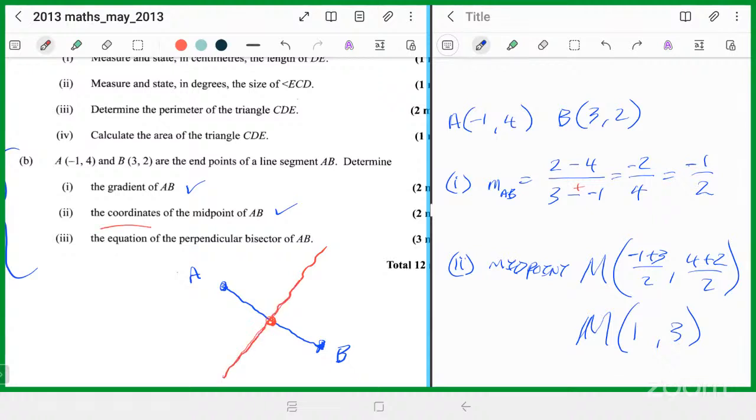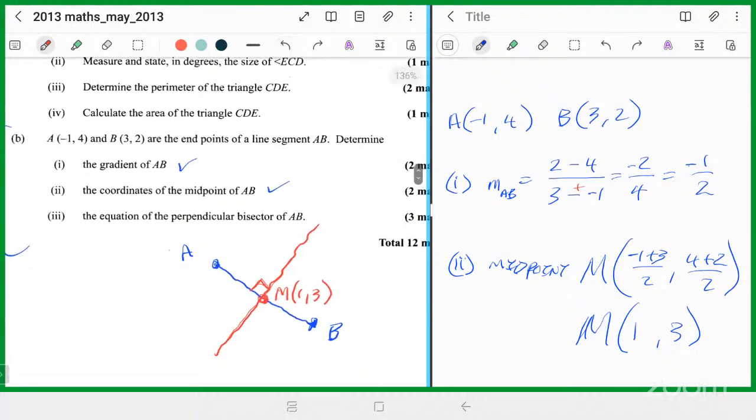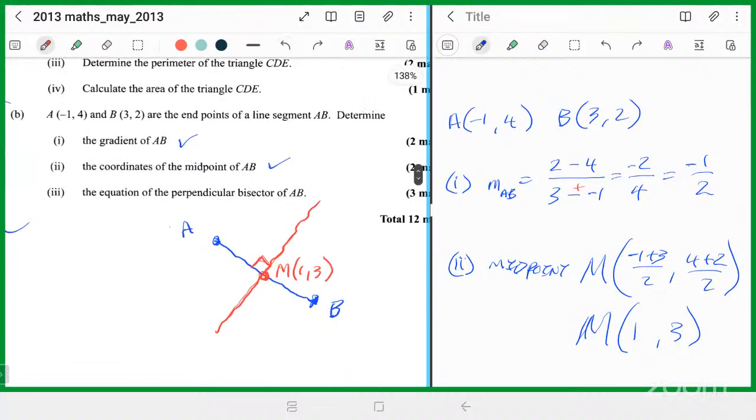This question is asking for this red line: it bisects, putting AB in half, passes through the point M (1, 3), and is perpendicular. It crosses at a right angle.